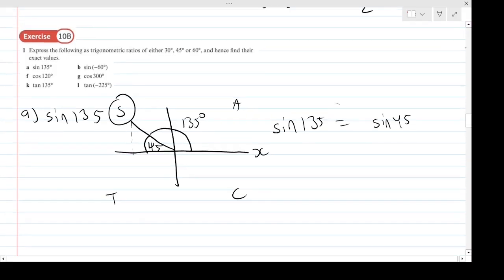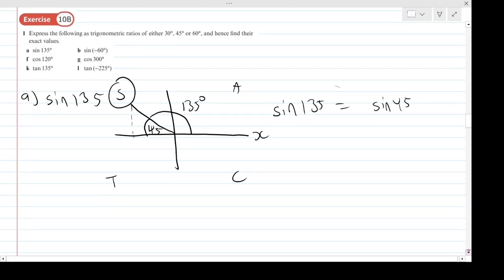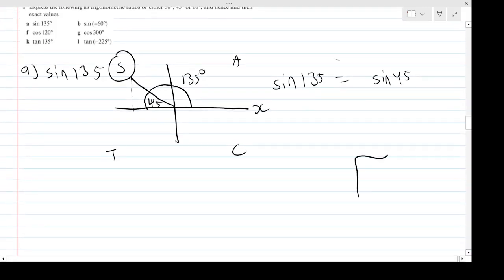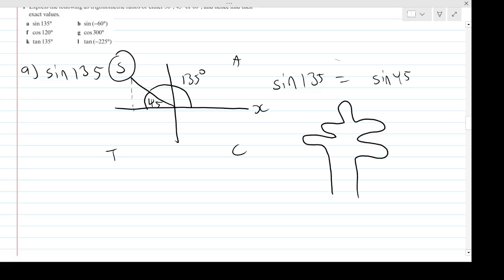Well, we can work out sine 45. Again, we can maybe use our hand method. I'll do it down here. So we have 0, 30, 45, 60 and 90 there. Terrible drawing.